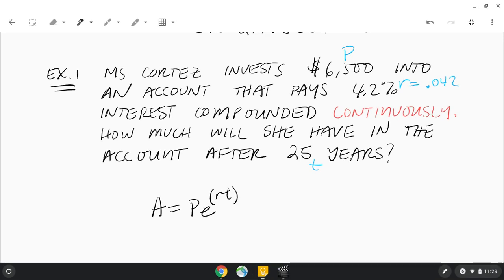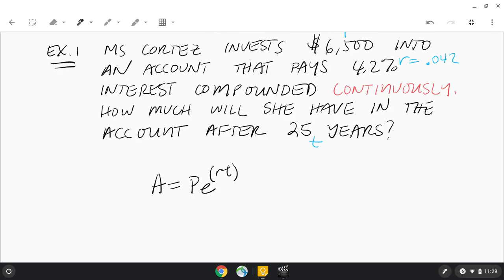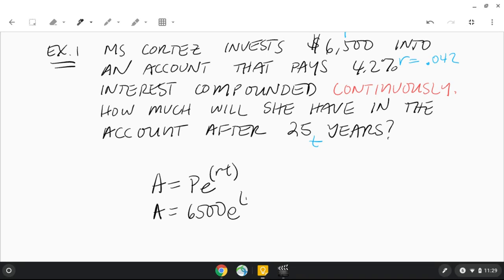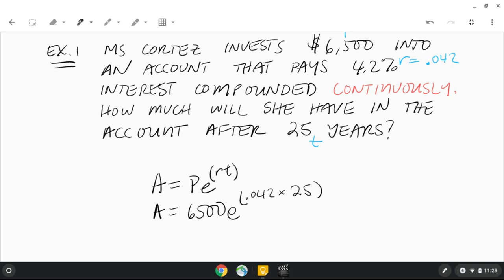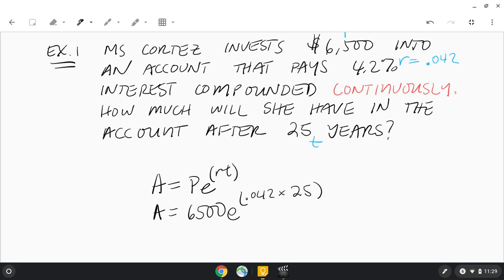Let's go ahead and plug everything in. P is 6,500. E is a number. R is 0.042 times T, which is 25. Right now, what I want you to do is punch that into your calculator.